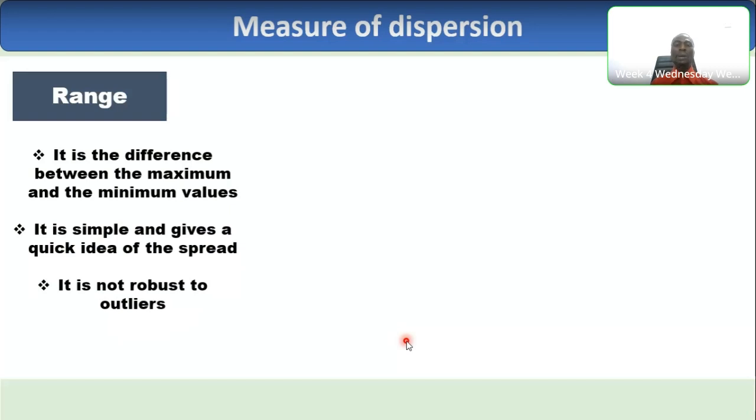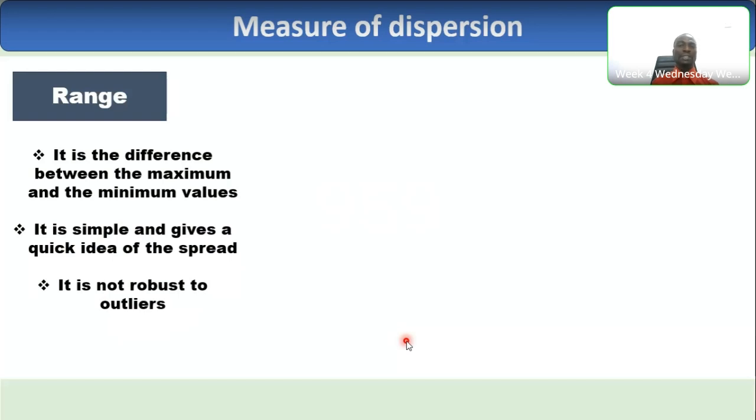For example, look at a class where the highest score is 95. The second highest is 60. You understand now? And then the lowest score is 30. If we want to calculate the range, it will be between 95 and 30.